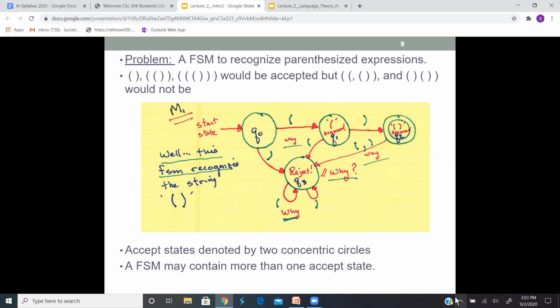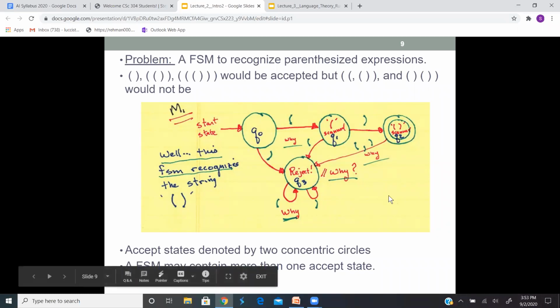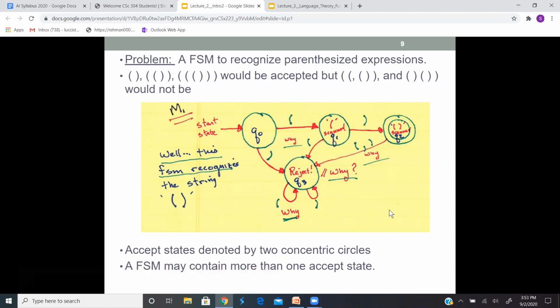I had a question about the second expression that should be accepted. So if it's left, left, right, right, on the drawing, it doesn't go. My left. Wait a minute. Hold on. No. This machine, hold it.